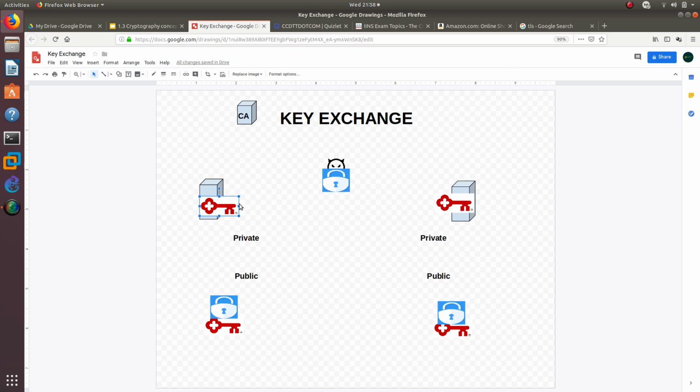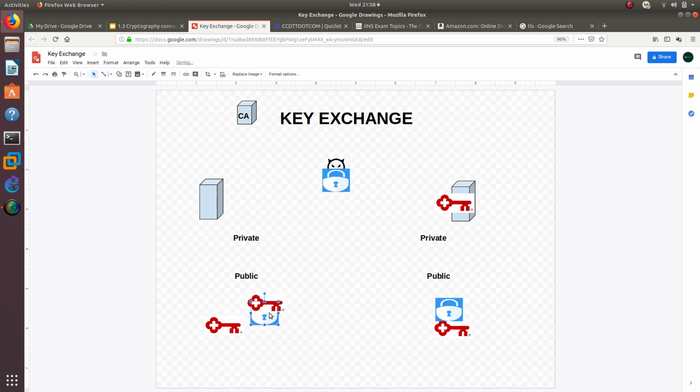And now after I have that, the hacker won't be able to get that public share key because we're actually sending it via asymmetric encryption, right? And since we have established that asymmetric encryption, what we do is we encrypt our data.